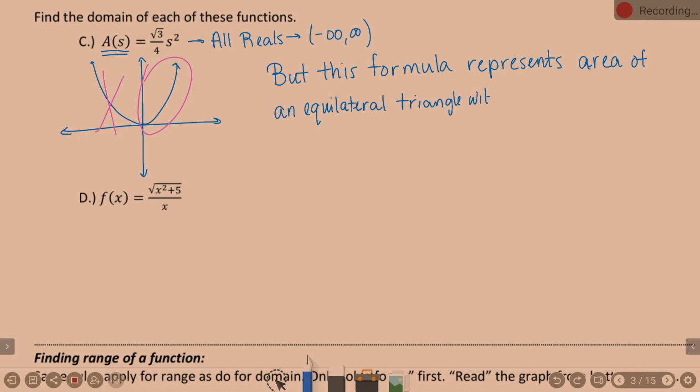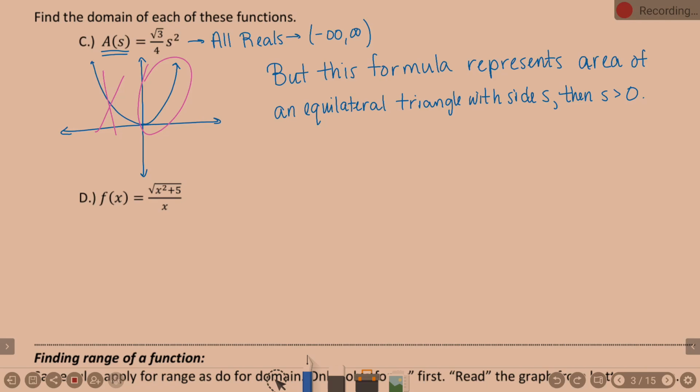If there's a question on homework or a test that resembles this, but we don't know what, should we just say polygon instead of triangle, or a shape or something? You could just say area. I think you're thinking too much. I kind of agree. But you could just say this is an area formula. Area is the area of a physical object. A physical object will not have a negative length.